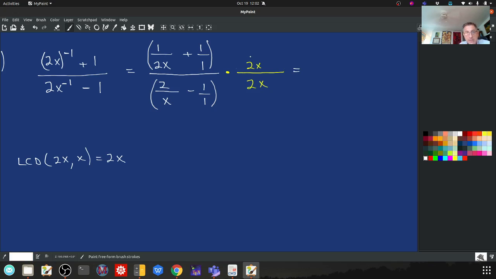So again, this is using distribution. 2x, just like that, in case you weren't aware. So 1 divided by 2x times 2x is 1. And then 2x times 1 is plus 2x. Down here, 2x times 2 over x is 4.